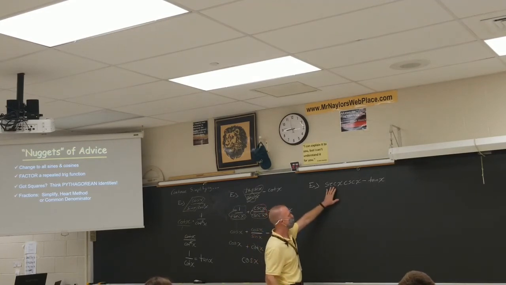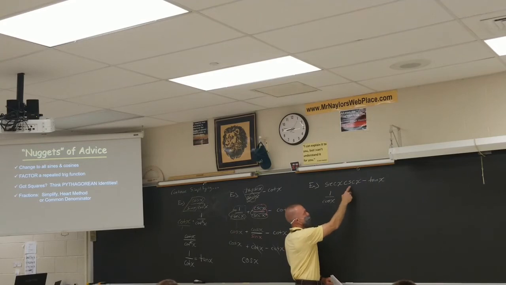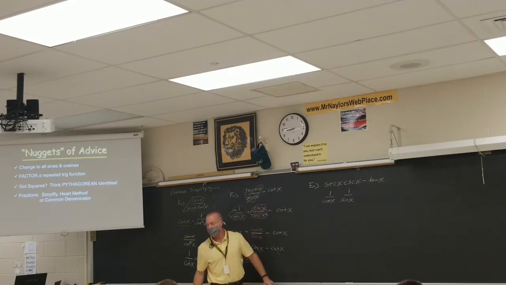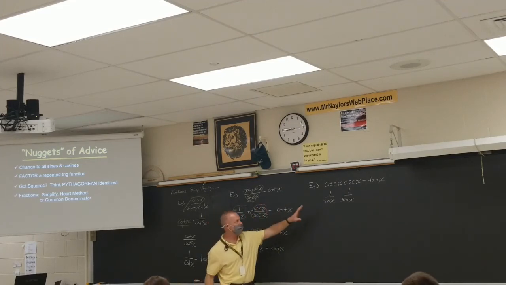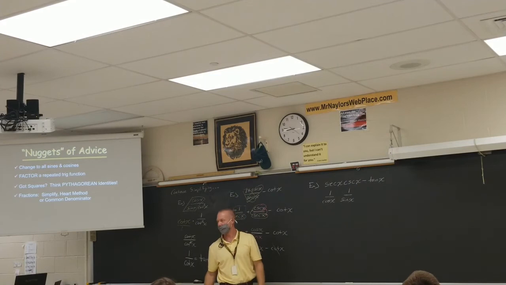Secant is 1 over cosine. Cosecant is 1 over sine. I want you to get to know those. The sooner you have those memorized, the more easily you'll be able to work through this chapter.